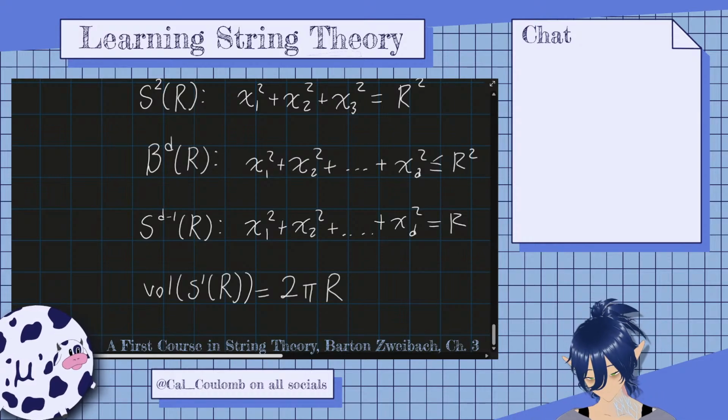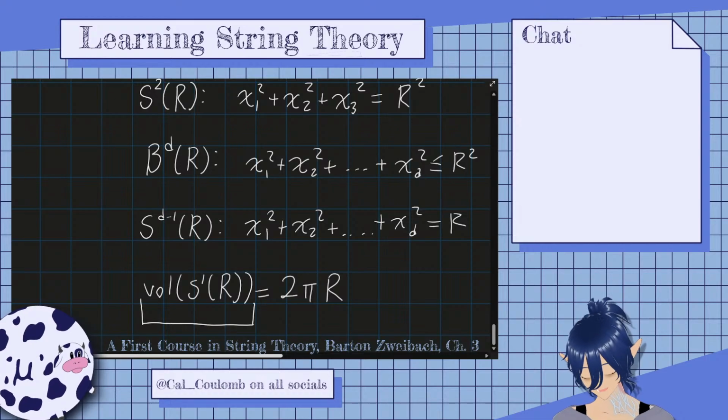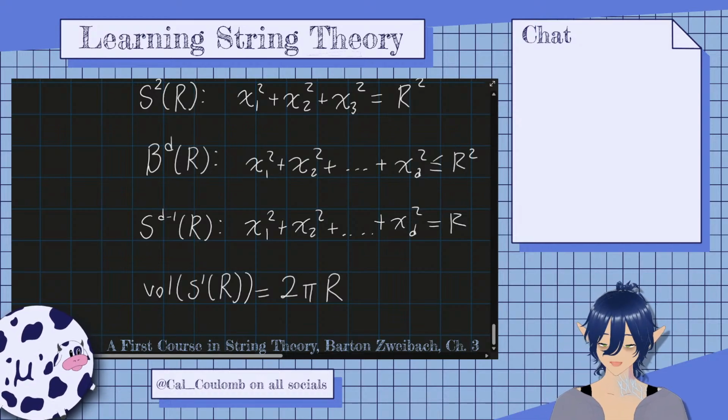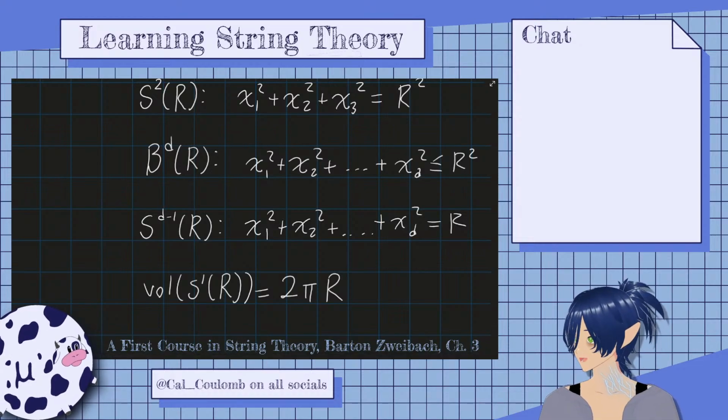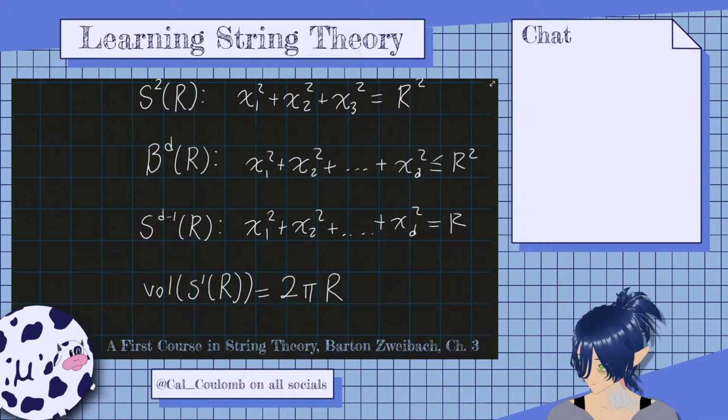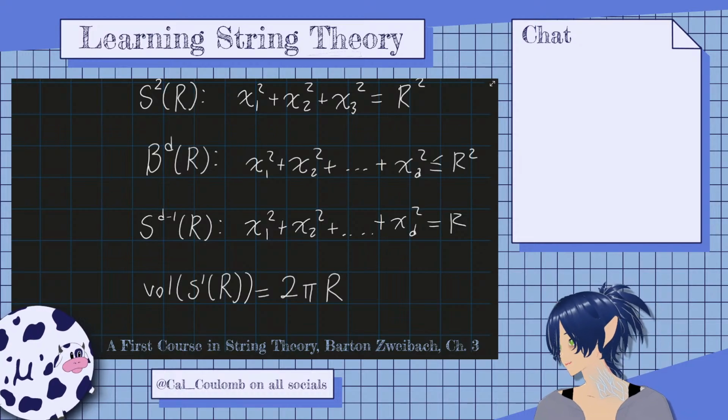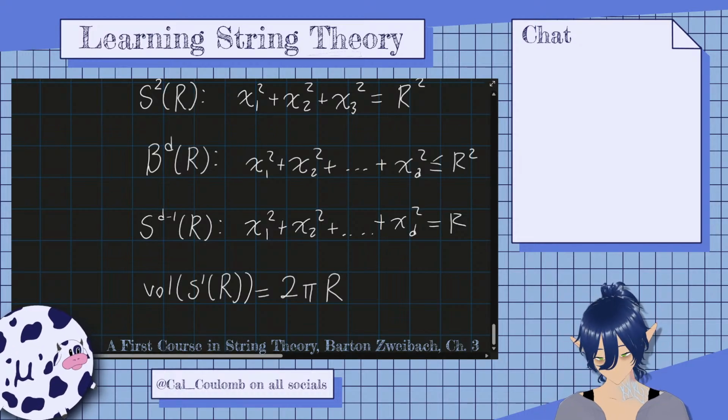This is just a mathematical way of saying the volume of a circle of radius r. And because we mean length, what we're talking about here is circumference. So the circumference of a circle with radius r is 2 pi r.